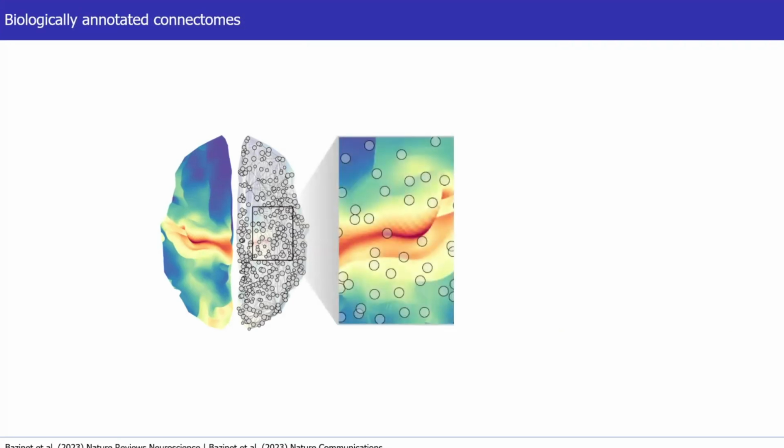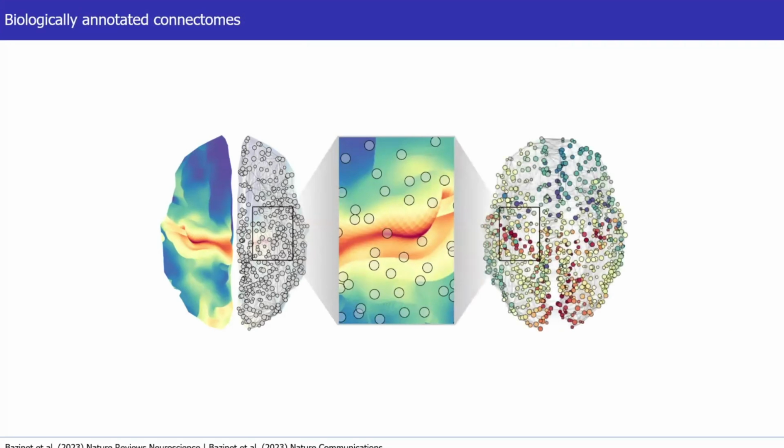You can mix and match, and see exactly which brain areas should be endowed with what value from a particular map. And you get these beautiful objects that we call annotated connectomes that tell you both who's connected to whom, and also what their local features are.